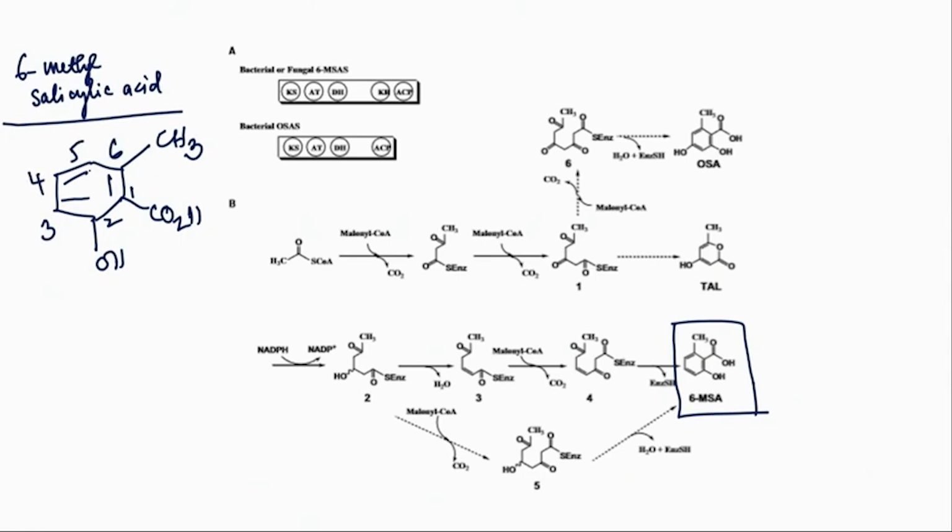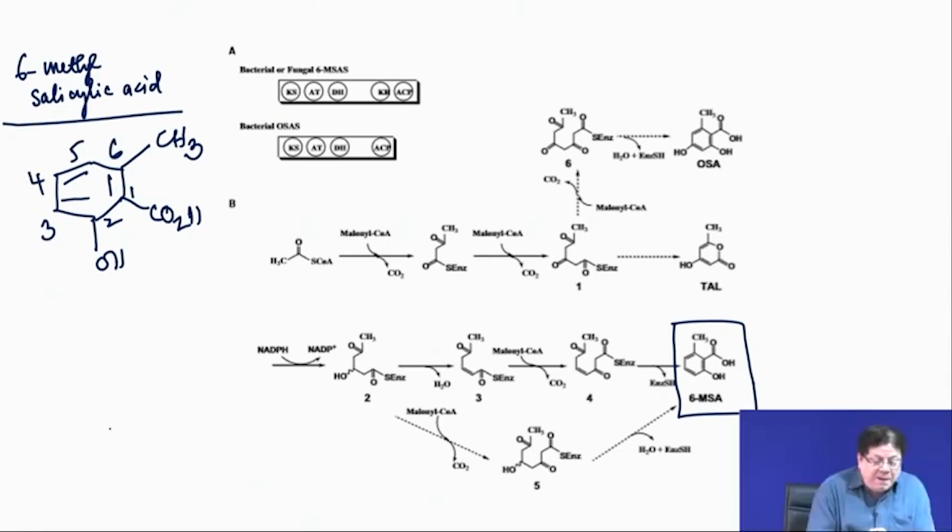Okay. Now, apparently you might not be able to figure out how this belongs to a polyketide or what is the mechanism by which this molecule is formed. Now, again I write that tricarbonyl compound in a different fashion.